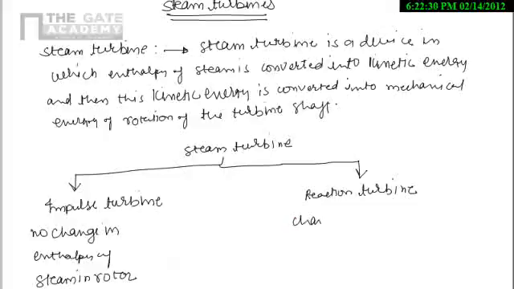Reaction: change in enthalpy of steam in rotor. So that is the basic difference between impulse turbine and reaction turbine. Now I will give some examples for impulse turbine and reaction turbine, so whenever they ask in GATE examination, it will be very easy for you.